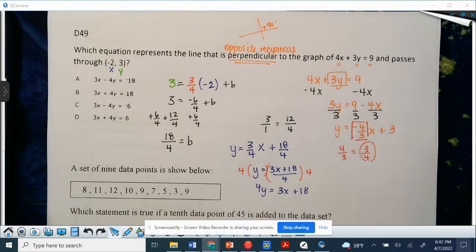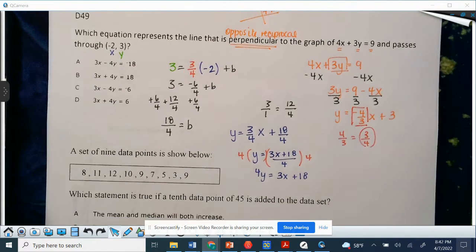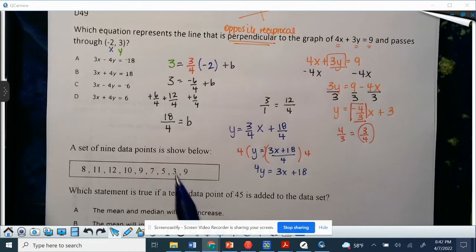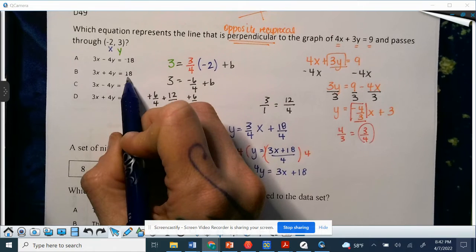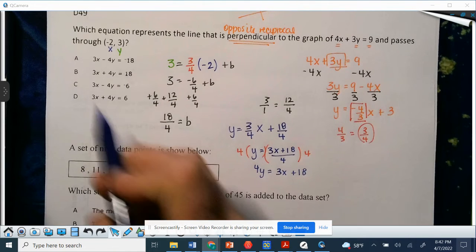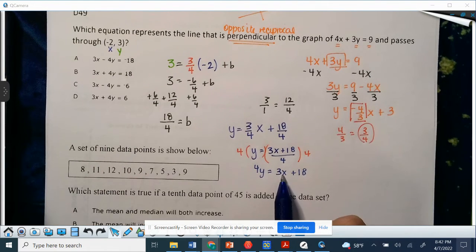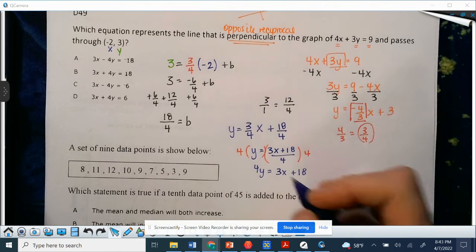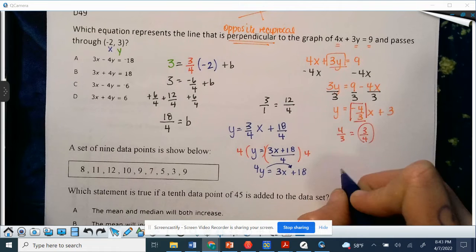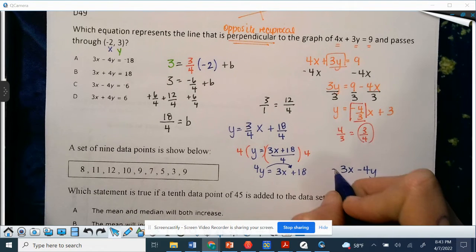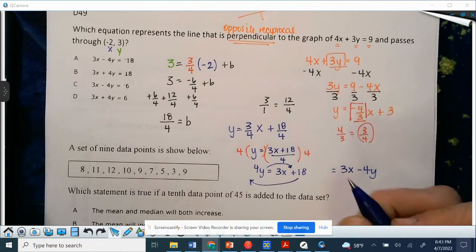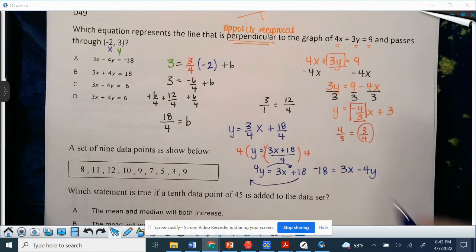Now here's where it gets funny, and you have to pay attention to what you're doing. If I move the 3x this way, 18 is positive. So if you jumped for the first 18, they got you. Because the 3x here is positive, and this 3x would have to be negative. It looks like they moved everything in the other direction. So I moved the 4y over, which would be 3x minus 4y, and then for that to work, the 18 has to come to the other side, which makes it negative 18.